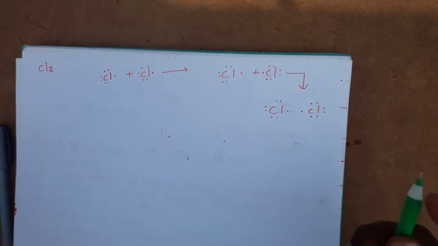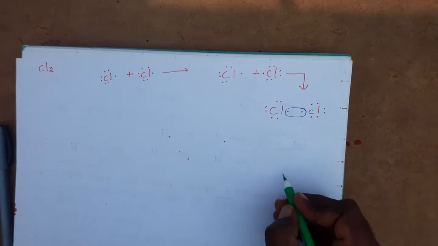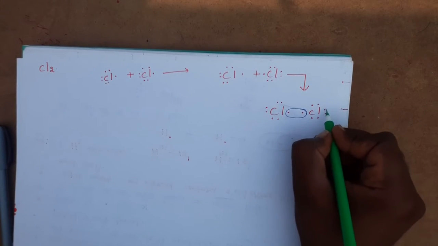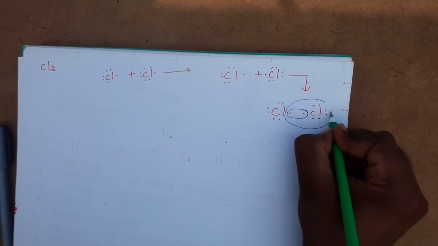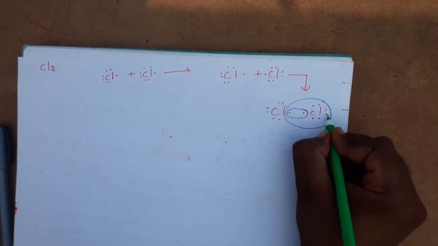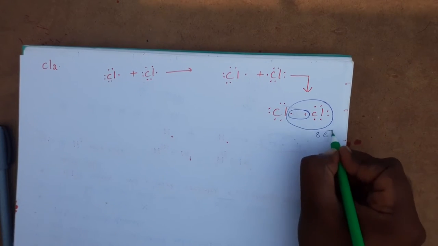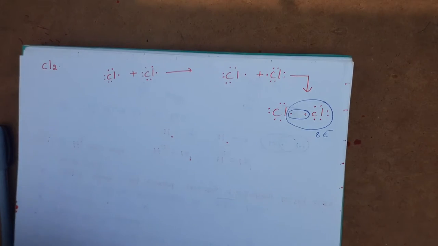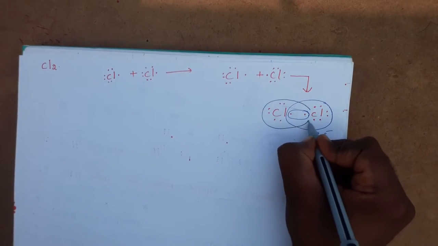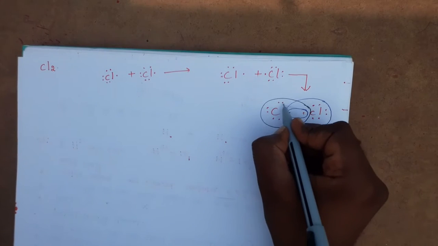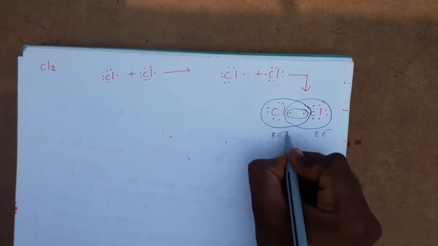See children, here we can observe this is the bonding pair or bond pair. Now consider this chlorine. How many electrons does it contain? 1, 2, 3, 4, 5, 6, 7, 8. 8 electrons. And this other chlorine also contains 8 electrons.